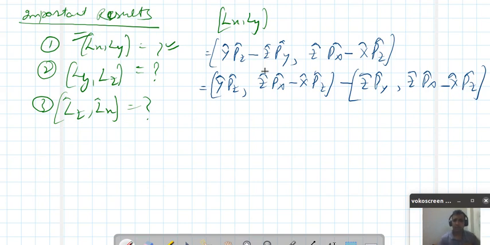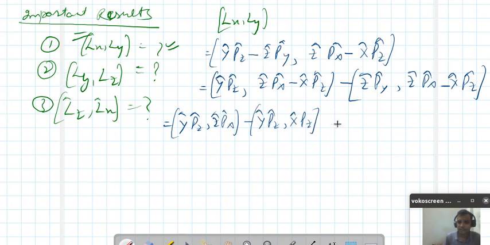Now what I will do, I will again expand this, so it can be expanded as the commutator of y pz, z px, minus the commutator of y pz, x pz.